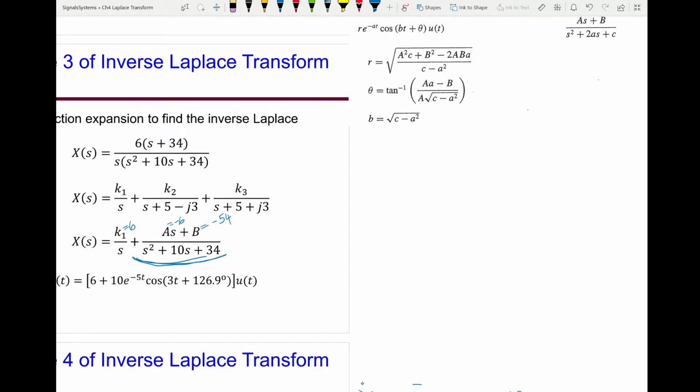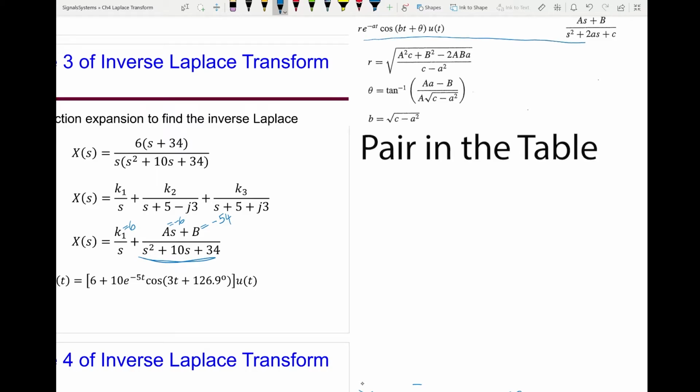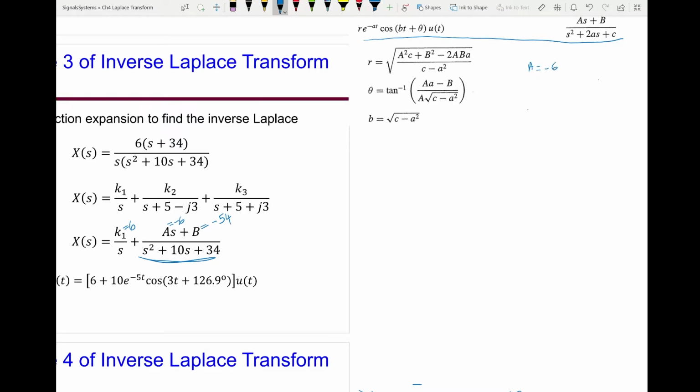Okay, so to find the inverse Laplace transform of this component, we're going to use this property in the table. By comparing, in our case, A equals minus 6, B equals minus 54, 2a here equals 10, so little a equals 5, C here equals 34.